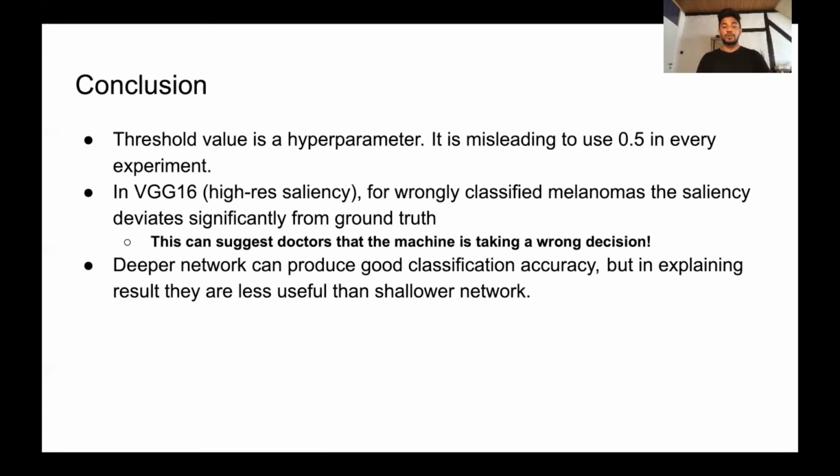And a deeper network can produce good classification accuracy, but for explaining results, it is less useful than a shallower network. For example, ResNet 50 is a very deep network, but it cannot produce good saliency compared to VGG16, which is a bit shallower than ResNet 50.